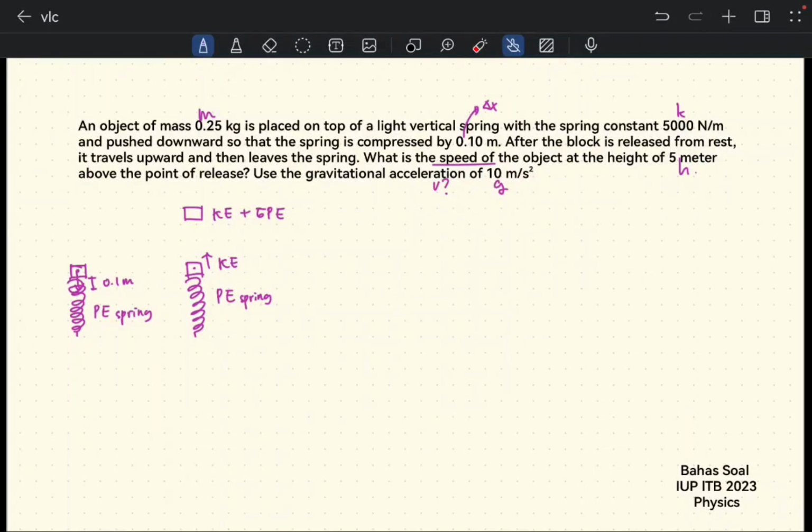So we have two kinetic energies. First is the kinetic energy maximum, and the second one is the decreased kinetic energy. Remember that we have to find the speed at this point. So we can use the conservation of energy.